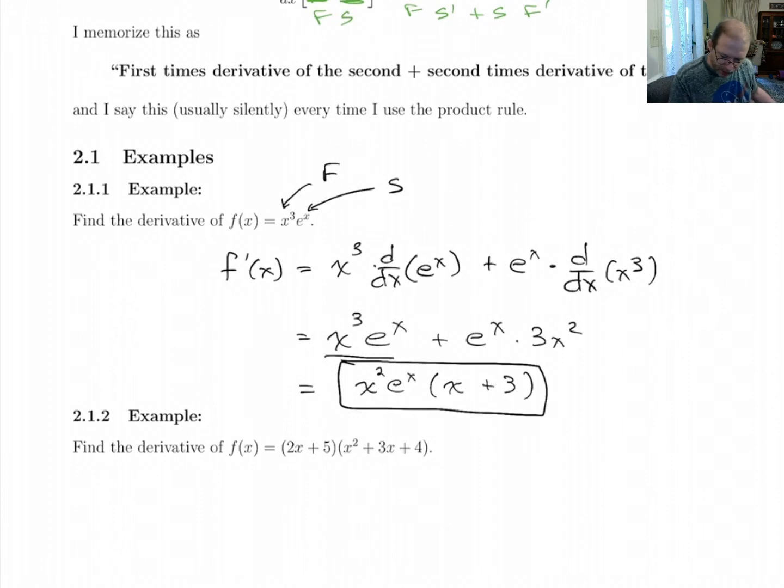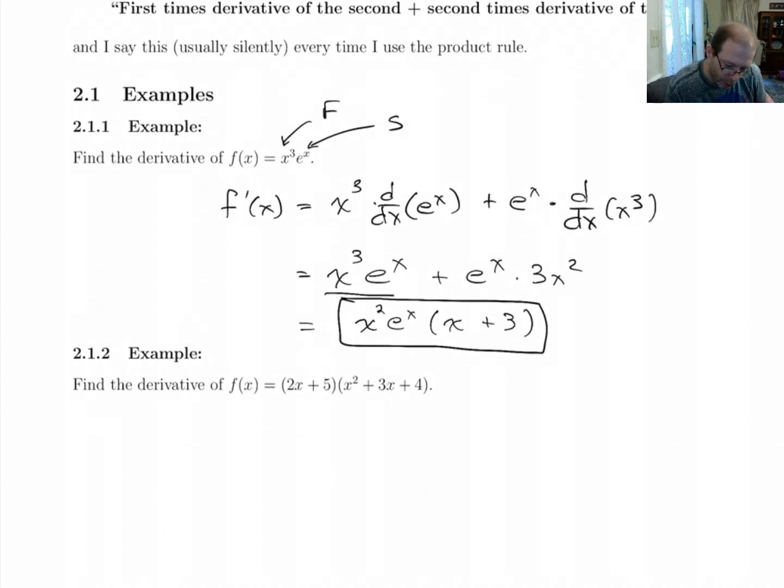All right, let's do another one. Find the derivative of f of x equals this. We've got a couple of options here. We could just multiply this out and then take the derivative of that. But let's use the product rule on it.